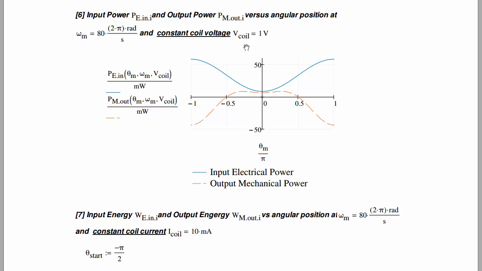And we're assuming right now that we're powering the coil with 1 volt, and the motor is spinning at a rate of omega m equal to 80 times 2 pi radians per second. And we are studying it over 1 full revolution.